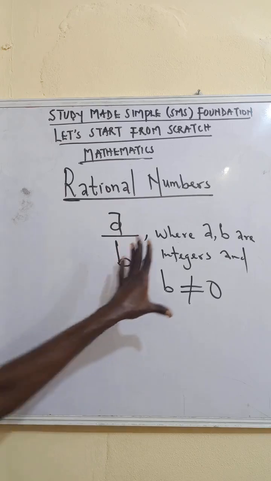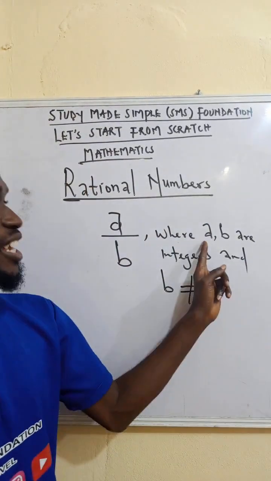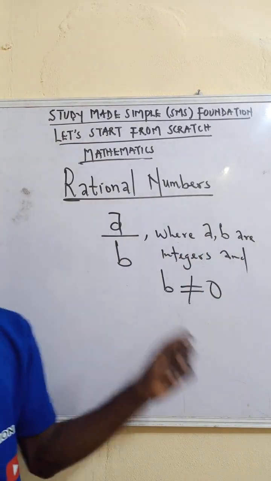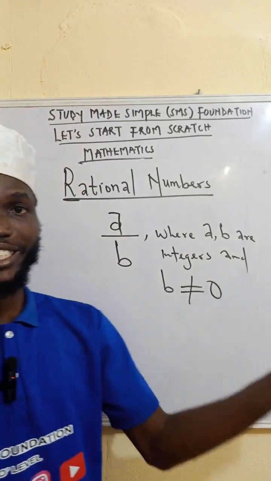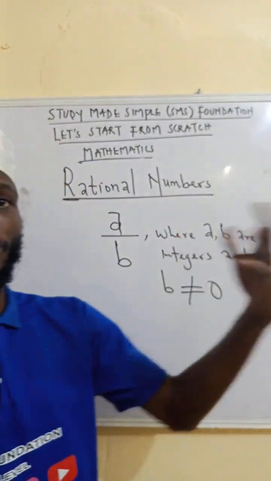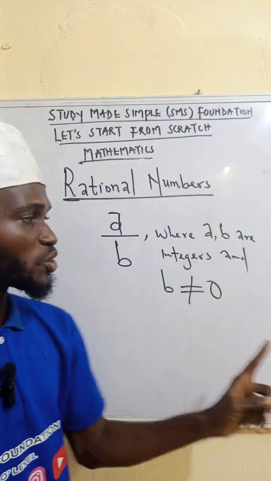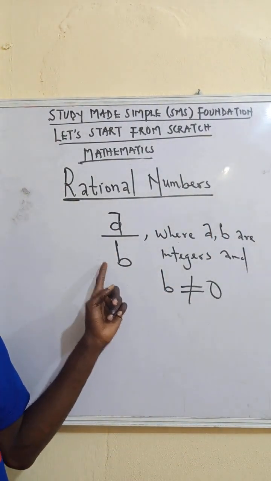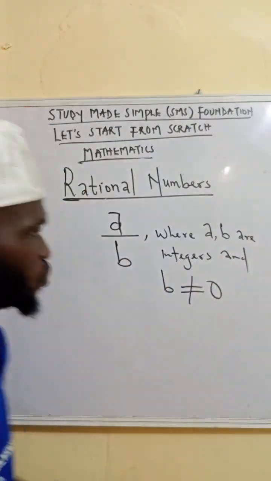This is where you need to calm yourself. You need to learn more. A and B are integers. What do we mean by integers? That is whole numbers. Numbers that are not decimal or fraction, like 1, 2, 3, 4, 5, 6, and so on. And B must not be equal to 0, because if B is equal to 0, the whole of the fraction becomes undefined. Good.